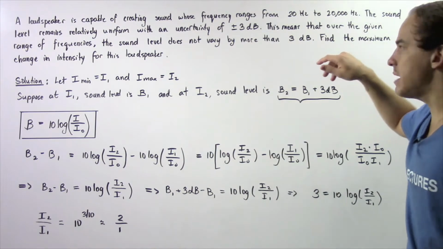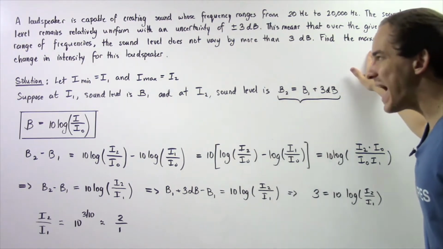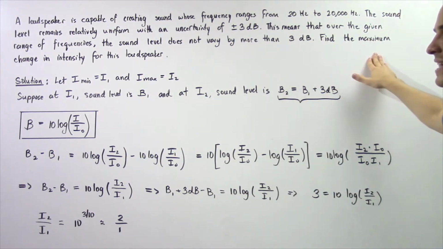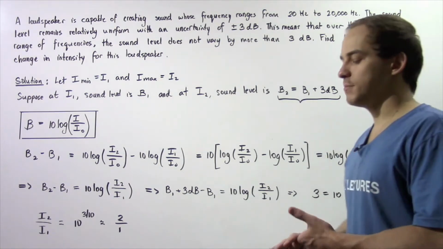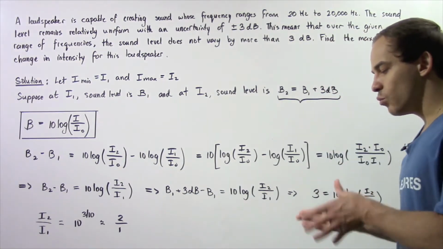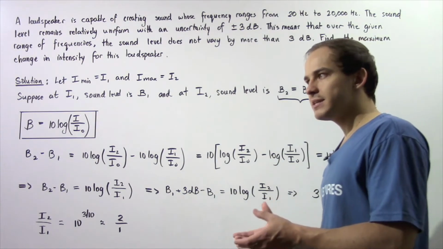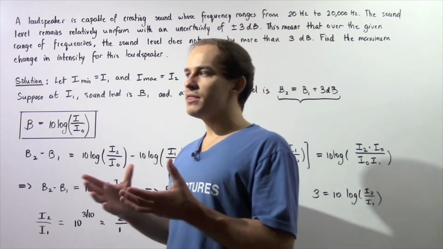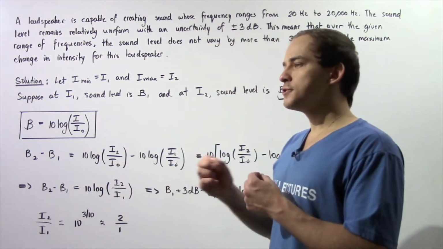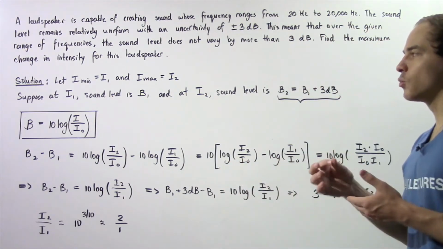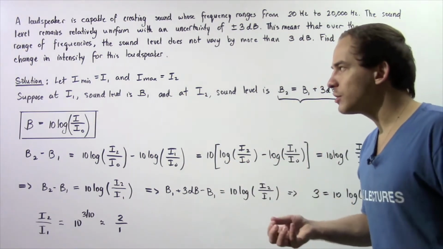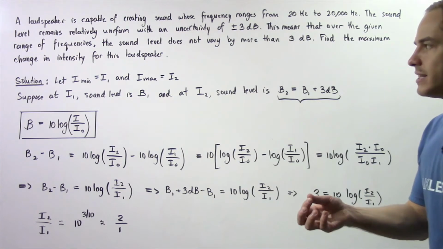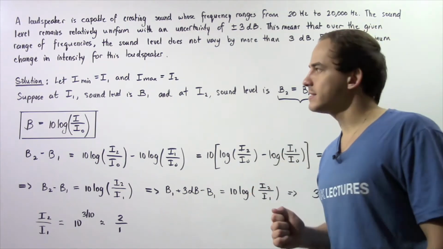So using this information, we want to calculate the maximum change in intensity for our loudspeaker. So we basically want to find the maximum intensity, the minimum intensity, and then find the difference between the two. In other words, by how much larger is the maximum intensity compared to the minimum intensity.